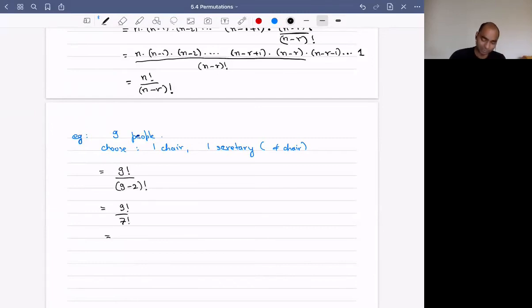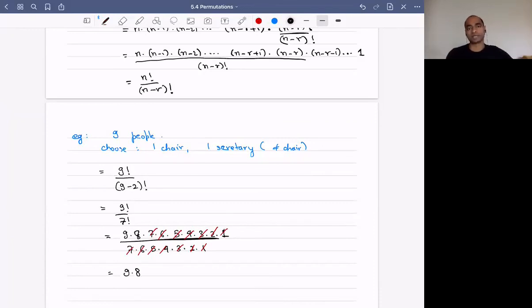And now I'm going to expand both things out. So I'll get 9, 8, 7, 6, 5, 4, 3, 2, 1 over 7, 6, 5, 4, 3, 2, 1. And now you can see that 1 cancels, 2, 3, 4, 5, 7. All of these terms cancel, and all you're left with is 9 times 8, which is the answer we had in the beginning. So now this is just a very compact packaging of something that we already had.